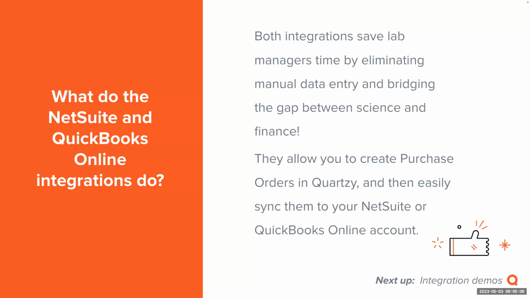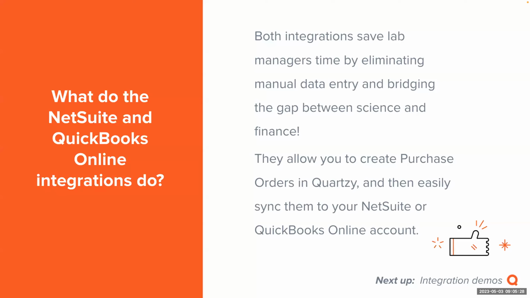So first of all, what do these integrations do? We have an integration with NetSuite and QuickBooks Online. Both of these integrations will save your lab manager a lot of time by eliminating manual data entry, such as creating requests in Quartzy and then having to create the same information and enter that in NetSuite or QuickBooks.